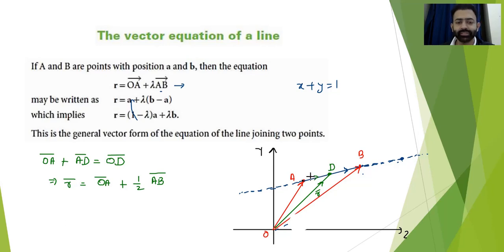This is the vector equation of point D. Now if I change this point D, let us take another point, say E.